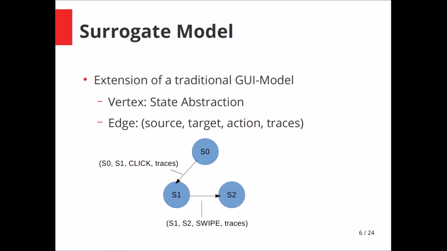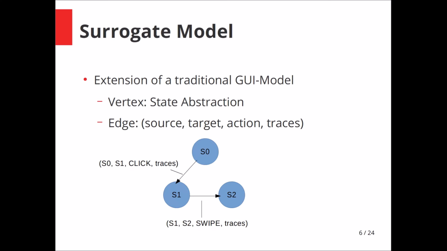Now we can introduce the surrogate model. In fact, it's a simple extension of a traditional GUI-based model used in Android testing. A vertex is simply a state abstraction, and an edge consists of a source and target state, as well as an action and a set of traces.